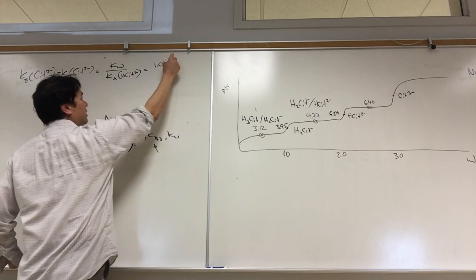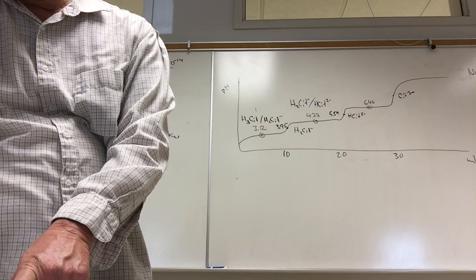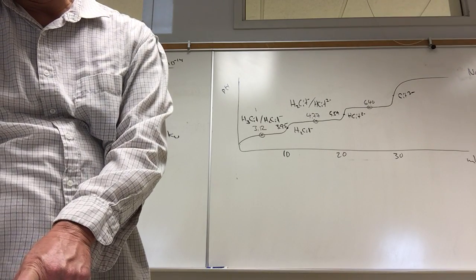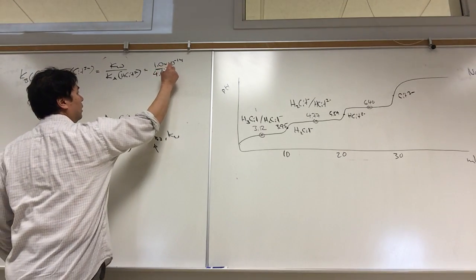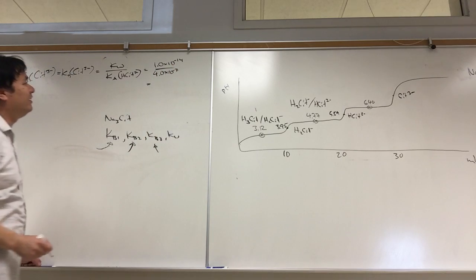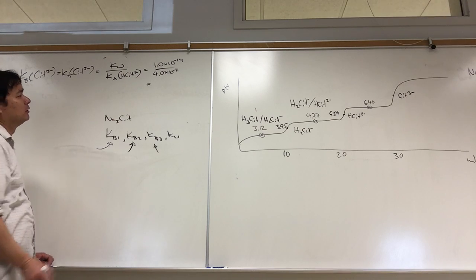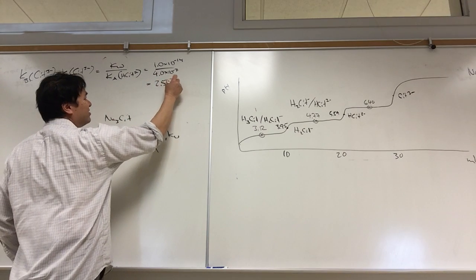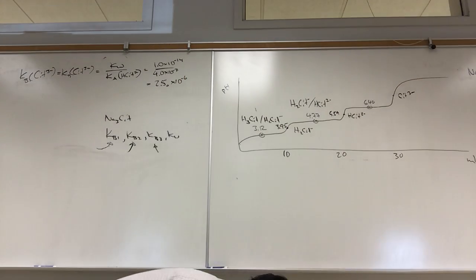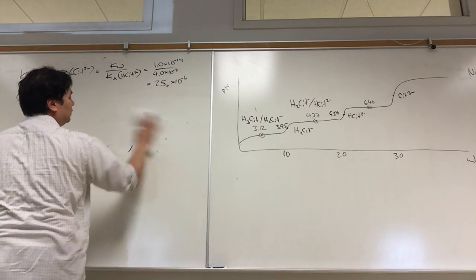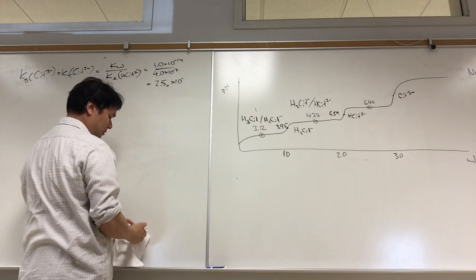So this is 1.0 times 10 to the minus 14 divided by monohydrogen citrate's Ka, 4.0 times 10 to the negative 7. Which gives us a Kb of 2.5 times 10 to the negative 8. Is that right?